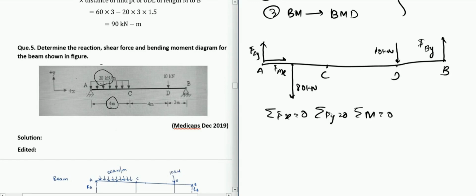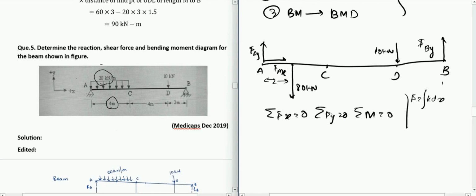You also could have noticed that there is a UDL conversion happening here. So how can we convert the UDL? It's very simple. You just have to integrate the total load which is acting on the beam. The 20 kilonewton per meter is the magnitude of the load, and the total length is 4 meters.